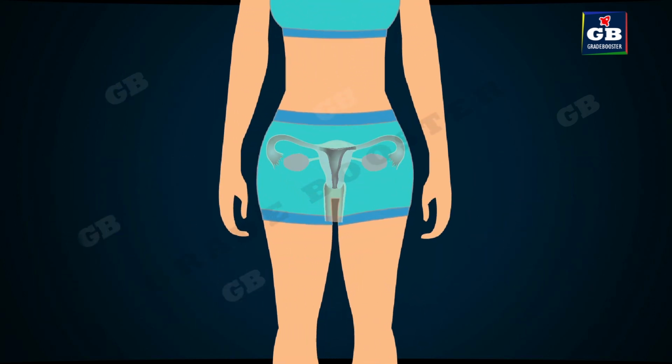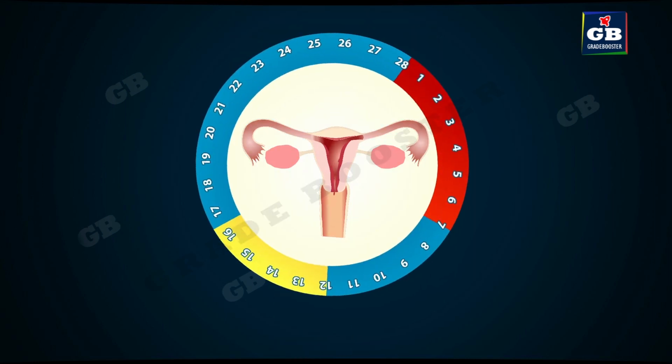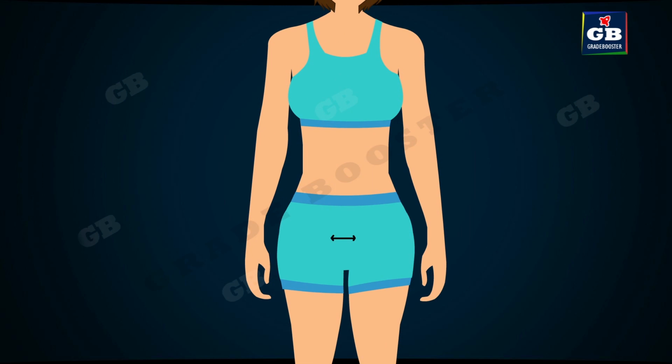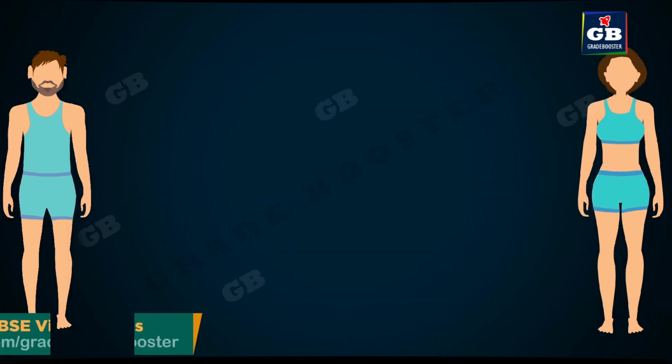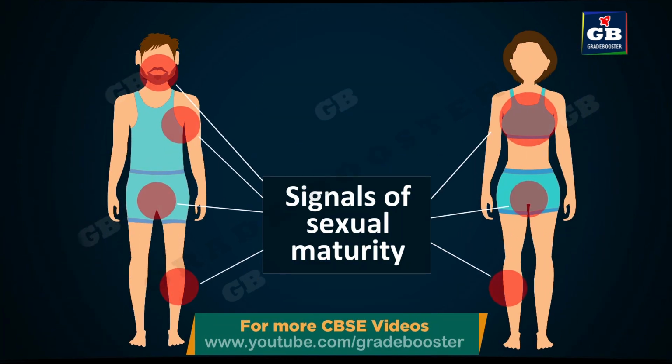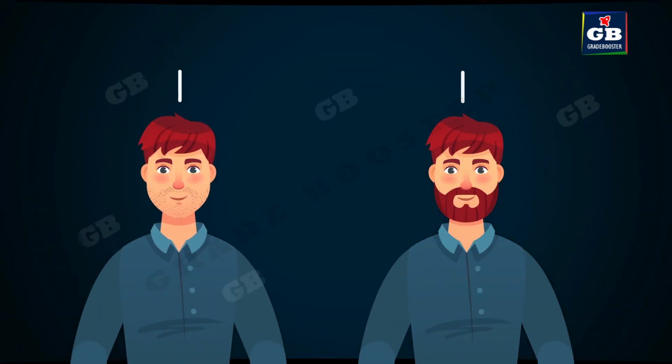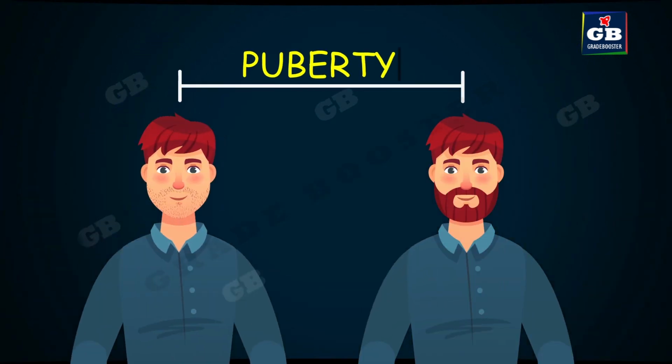Beginning of menstruation or periods in girls. The breasts grow bigger and hips become wider in girls. These changes in the bodies of males and females indicate that they are ready or getting ready for the process of reproduction. The period in which these changes happen in the bodies of boys and girls is called puberty.